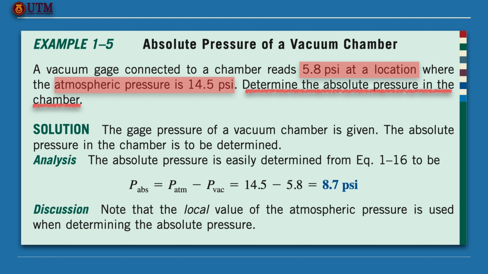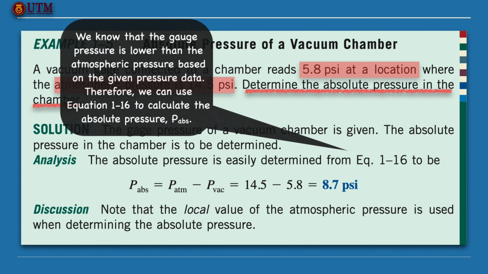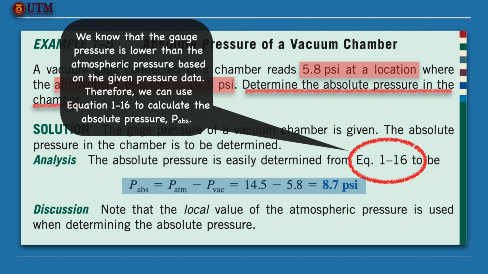As we know that the gauge pressure is lower than the atmospheric pressure based on the given value, therefore, we can use the equation given to calculate the absolute pressure as shown here. Based on the calculation, the absolute pressure can be determined to be 8.7 psi.